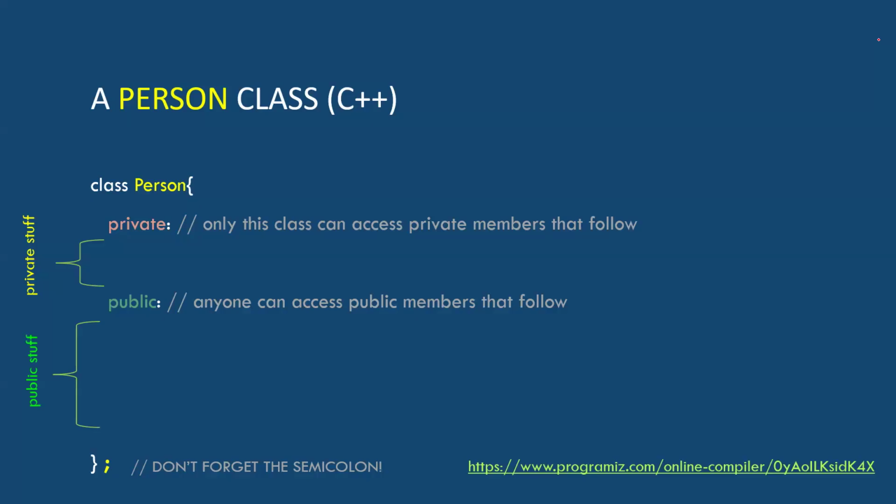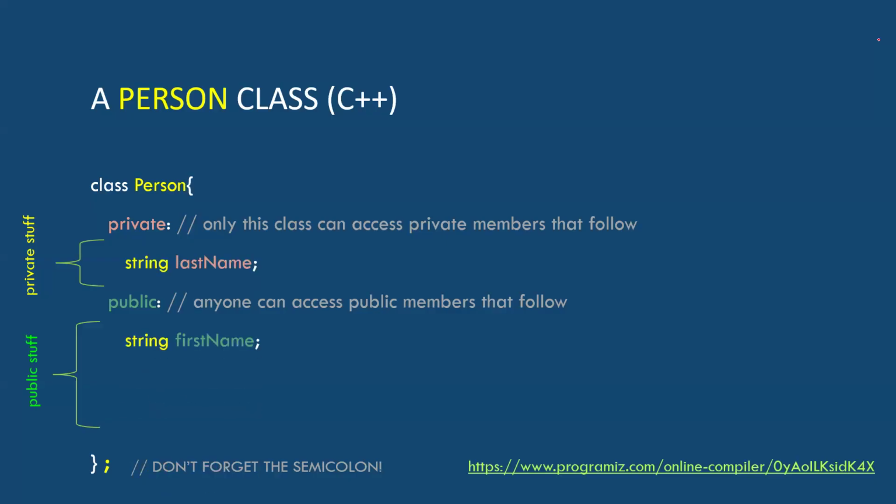And my analogy is the private data is kind of like a friend of yours opening up the hood on your car and tinkering around with your carburetor instead of just getting in the car and using the steering wheel and the key, right? So yeah, maybe you want to let them do it, but maybe you don't want to let them do it, right? So when we design classes, we're going to have private data members that mostly we don't want the public messing around with. They're kind of for us.